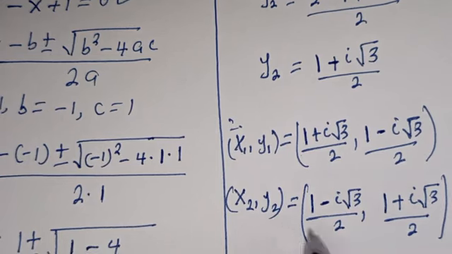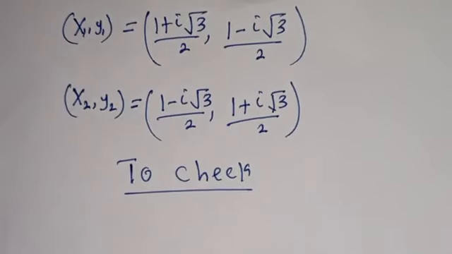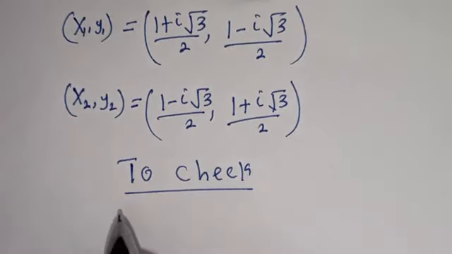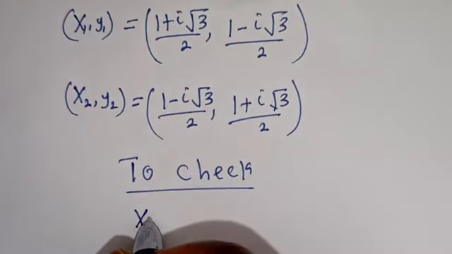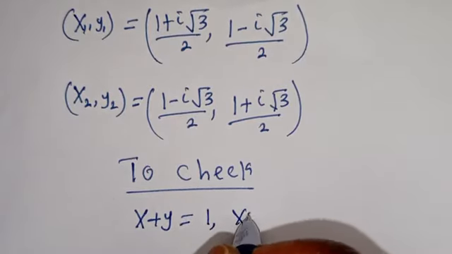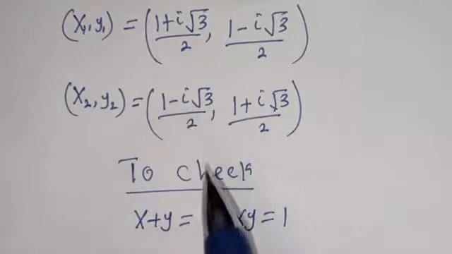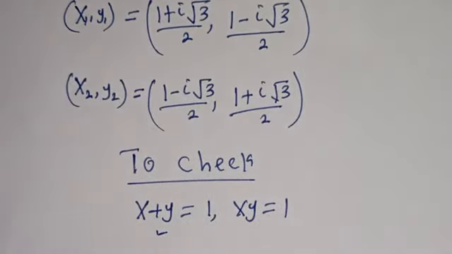We can check to confirm if this answer is right or wrong. Let's check. Now to check, we have the given equation x plus y is equal to 1, xy is equal to 1. Then let's check using any of these. Let's consider this first.